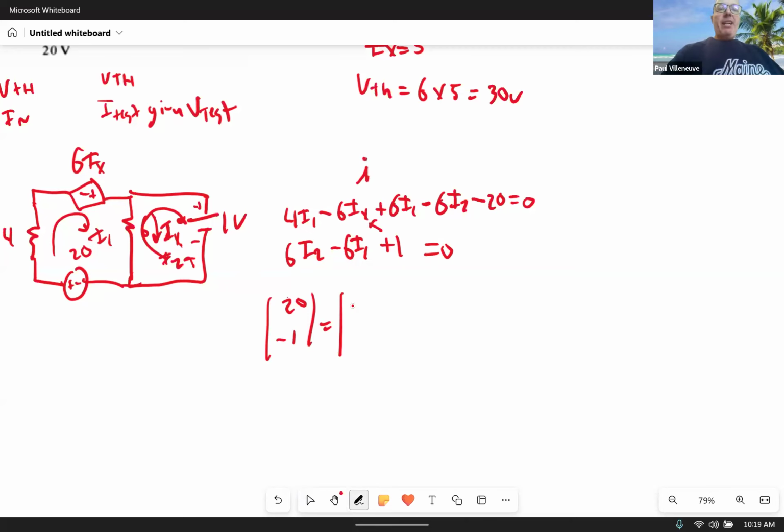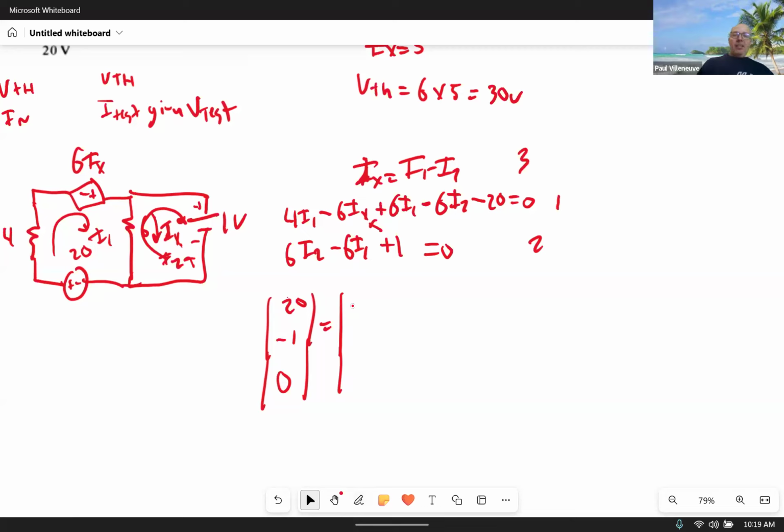So I have to add IX for the dependent source, which is equal to I1 minus I2. So my 3 equations: my first equation is 10 I1 minus 6 I2 minus 6 times IX.